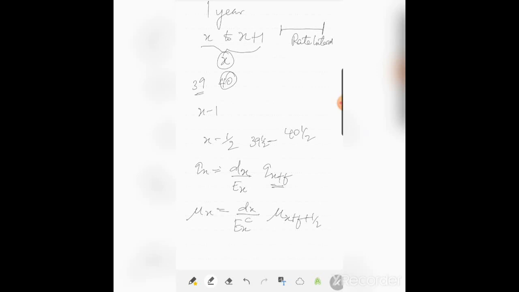So these are some of the things you need to take into consideration, and one most important piece of information is the census formula for computing the central exposed to risk. Using that concept for computing the central exposed to risk, we can very well compute and derive the mortality for the various observations, as well as for the various homogeneous groups.